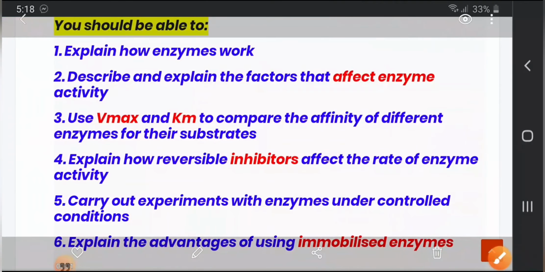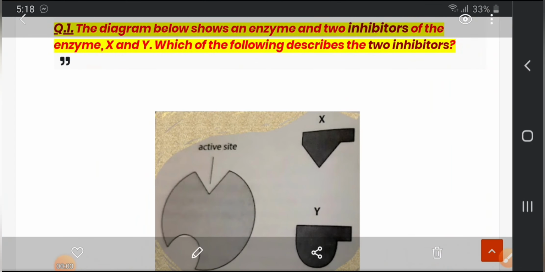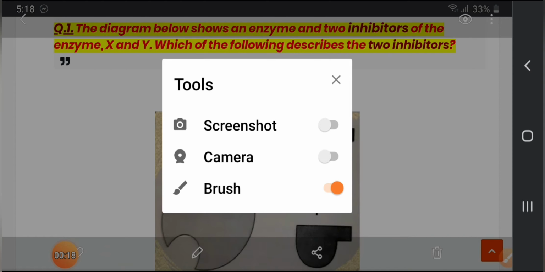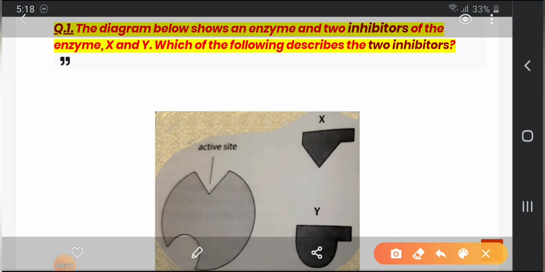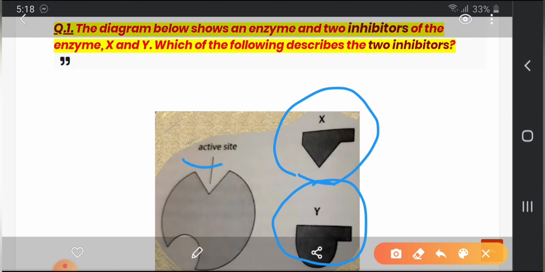So let's review the chapter again. Question number 1. The diagram below shows an enzyme and two inhibitors of the enzyme, X and Y. You see here this one is X, and this is Y, and this is the active site.